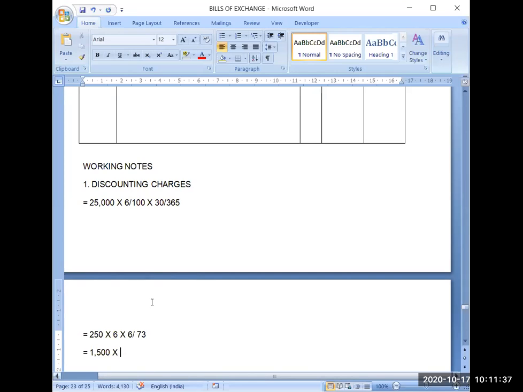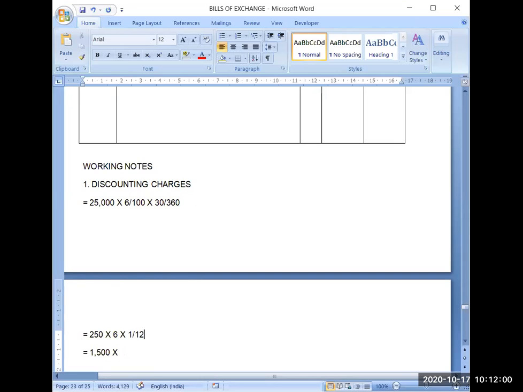One more thing we can do: for simple calculation purpose, we can assume 360 days in a year also. If we do that, then 5 6 are 30, so 0 will cut 0. It will be 1 upon 12.